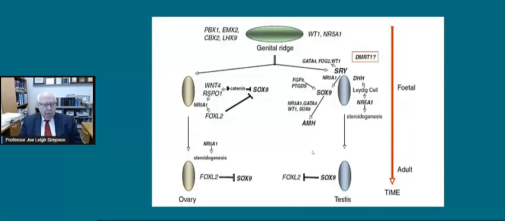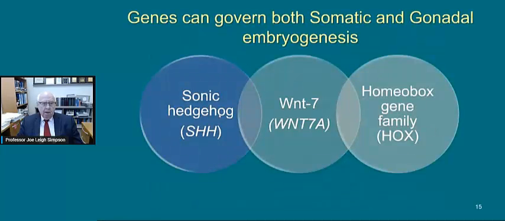So this is a very complicated slide that shows the various genes involved in taking the indifferent gonad and developing it into an ovary. We're not going to go into that except to say that some of these are important and they show up in patients who have a mutation. FOXL2 is one that is definitely worth noting.